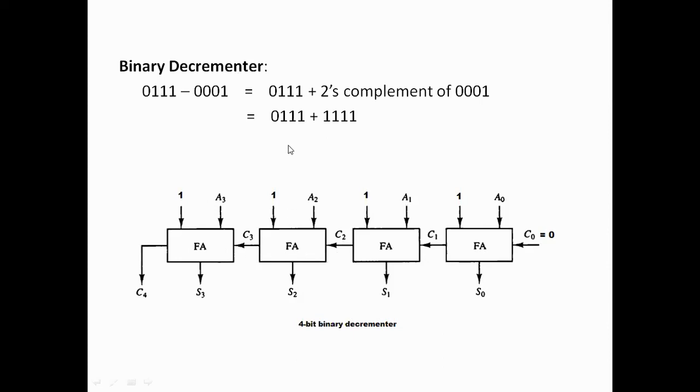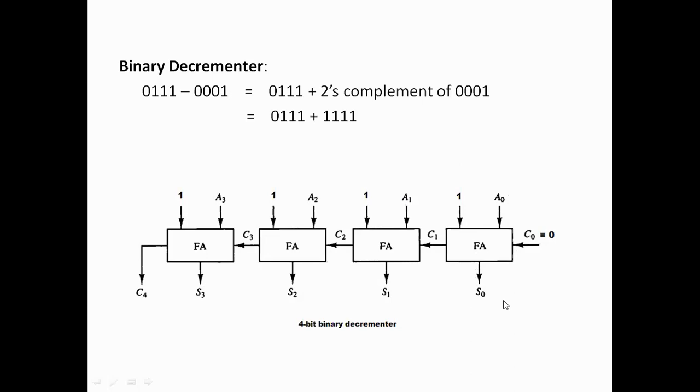What is to be done in a decrement operation? The decrementer will just add 1, 1, 1, 1 to each bit of the number. So to A0 we will add 1, to A1 we will add 1, to A2 we will add 1, and to A3 we will add 1. So 1 will be added to each digit, and there will be no previous carry obviously, and easily we will get an answer.